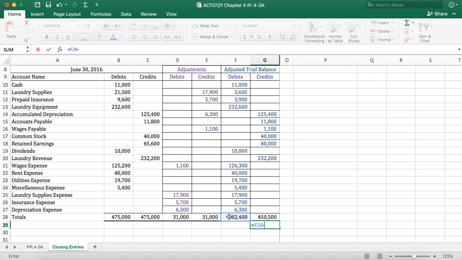We take our debit balance and subtract our credit balance. And we can see that the wrong amount is 31,900. And if I were to look, do I have anything that's 31,900? I don't seem to.